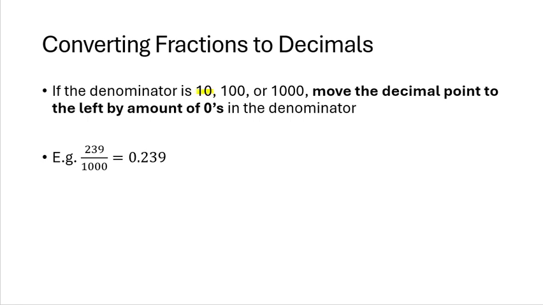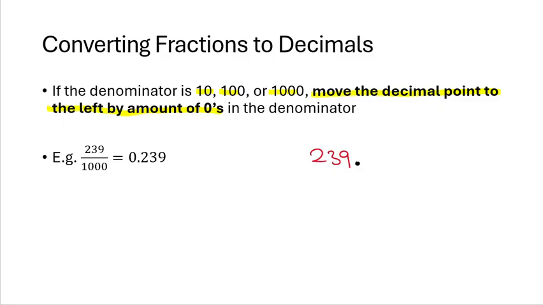If the denominator is a 10, 100, or 1,000, move the decimal point to the left by the amount of zeros. In my case here, I've got 239 over 1,000. So I'm just going to write the number 239 first. As you can see, the decimal point is right here in black.